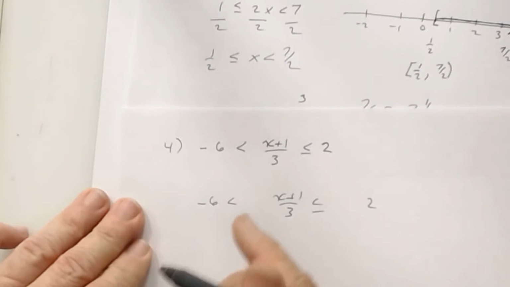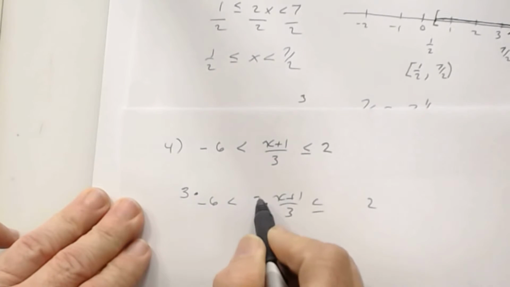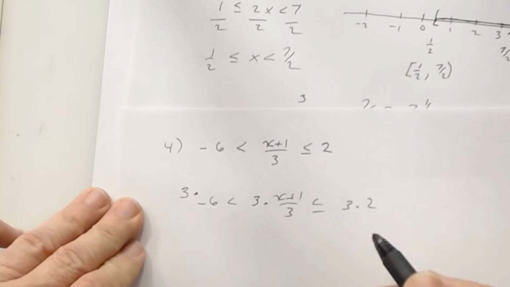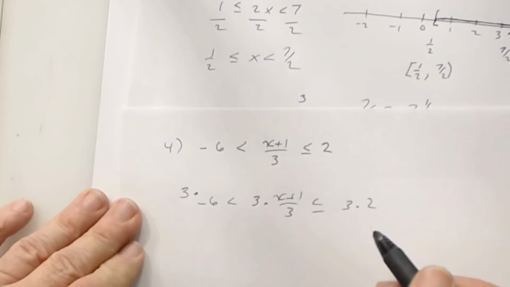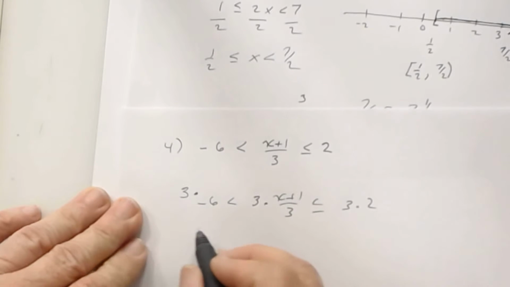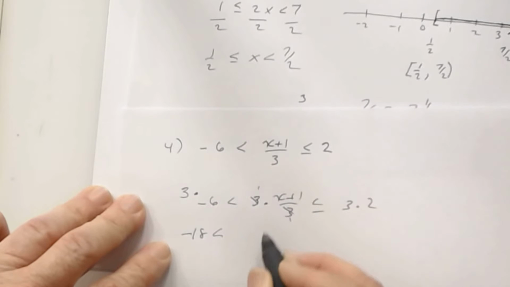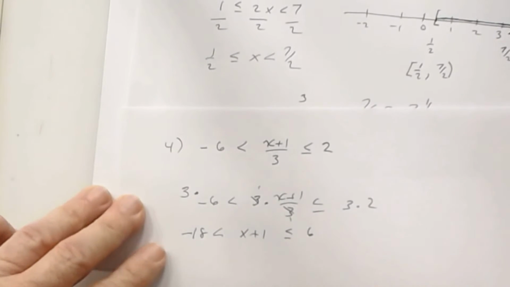You're going to say times 3, times 3, times 3, just like you would if it was a simple inequality or an equation. What's 3 times negative 6? Is less than. The 3's divide out. What's left? x plus 1, is less than or equal to 6. So that's where I'm at.